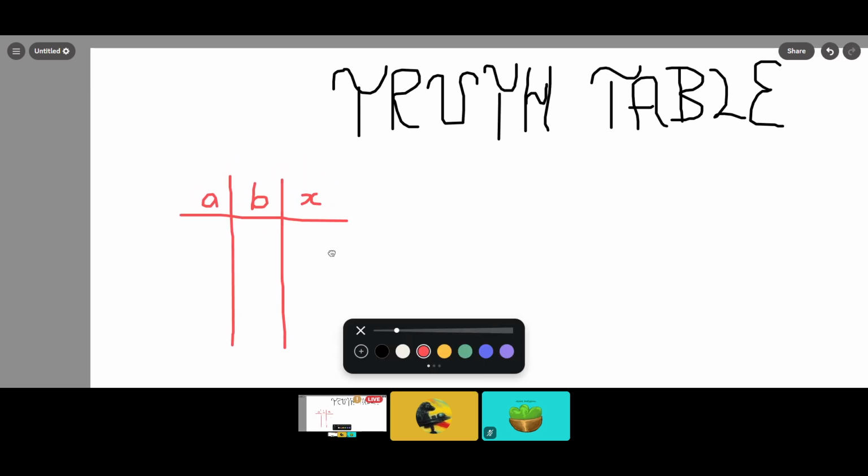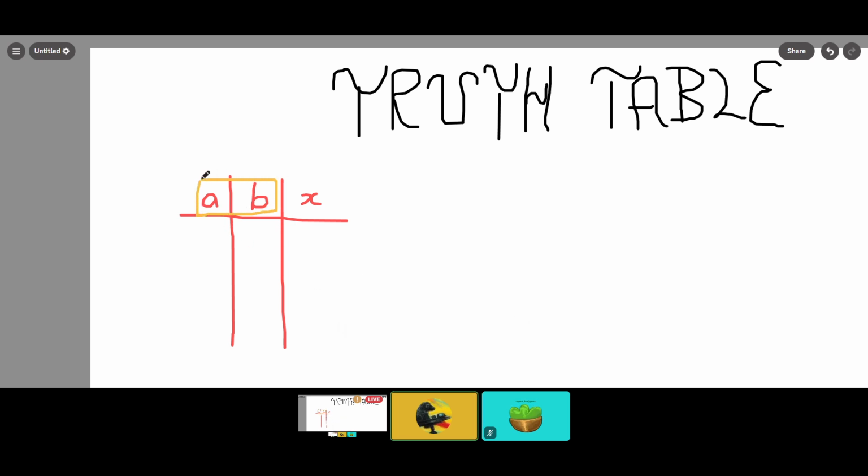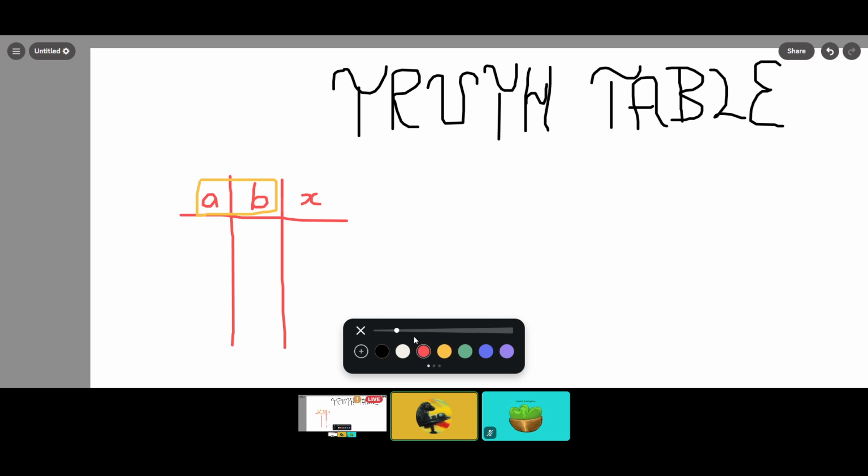Now the next step is for the inputs. These are inputs. And for the inputs, you're going to have to describe every single possible configuration of ones and zeros for the inputs together. Now you may be thinking to yourself, "Oh my God, that's going to be many."